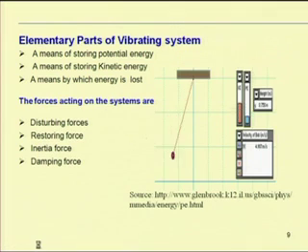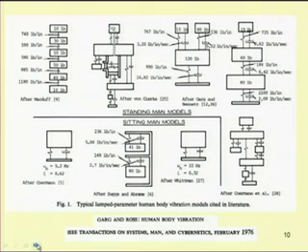So, we know how to model different mechanical systems. For example, this is a biomechanical system in which the standing and sitting postures of one person are shown. Here the different parts of the body can be modeled as a lumped parameter system. It can be modeled as a single degree of freedom system or a multi degree of freedom system. This is a single degree of freedom system when it is in sitting posture.